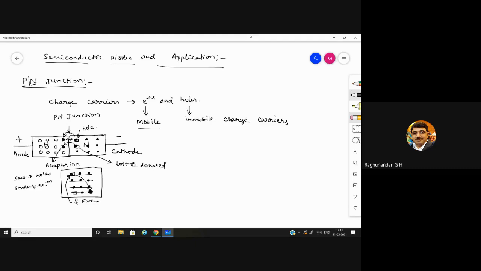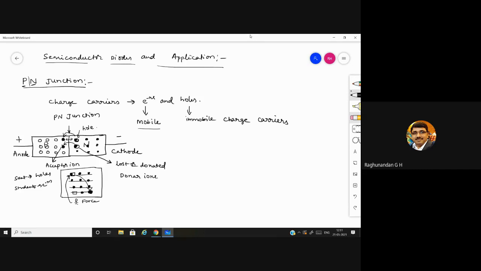So this becomes the donor ion. When an electron is lost or donated, it becomes a donor ion. When an electron is accepted, it becomes an acceptor ion. Okay, this is the other way.